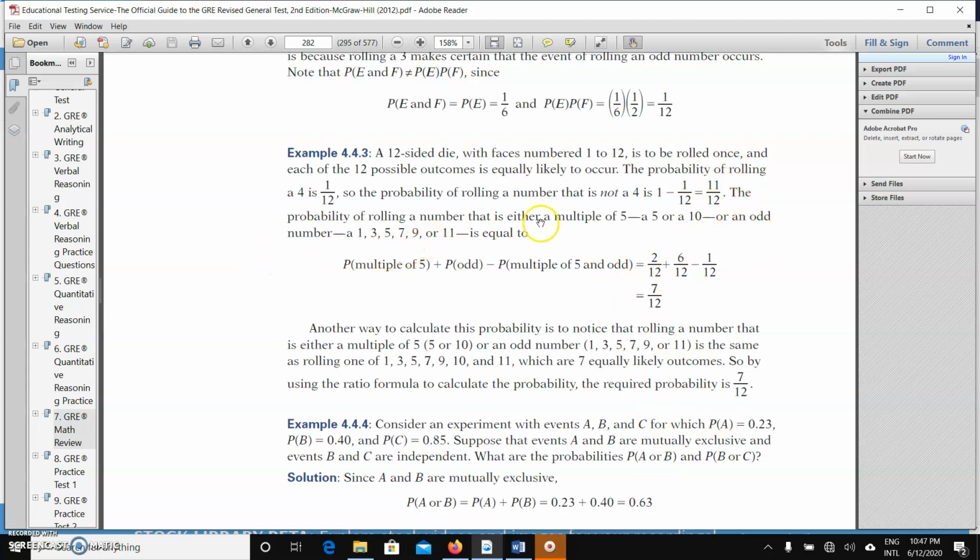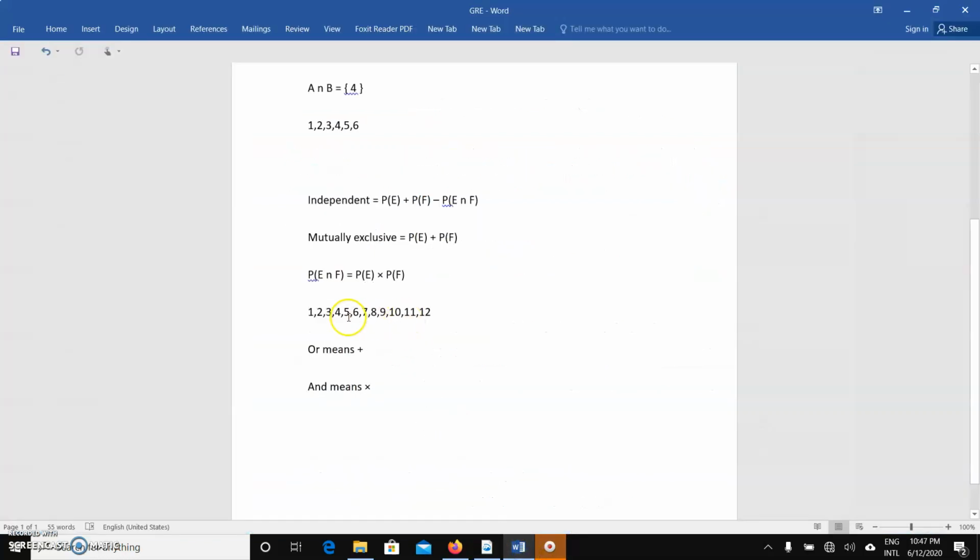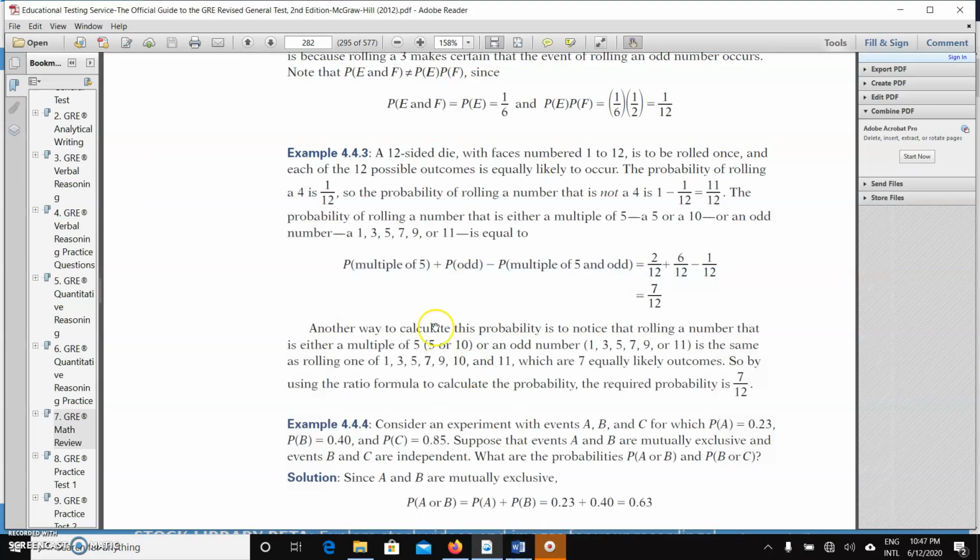The probability of rolling a number that is either a multiple of 5 or 10, or an odd number, is equal to the probability of a multiple of 5. If you go back, the multiples of 5 are 5 and 10, that's 2, so that will be 2 over 12. That's the multiple of 5, 2 over 12.